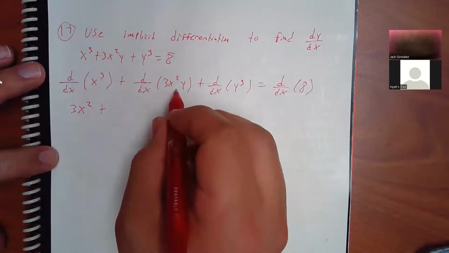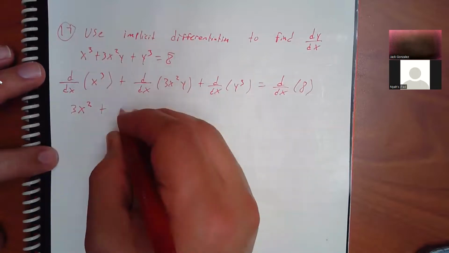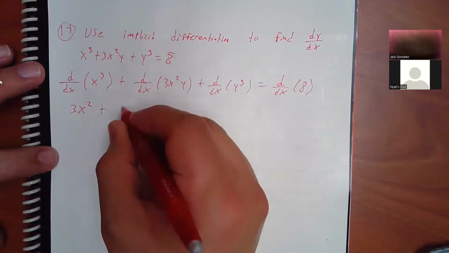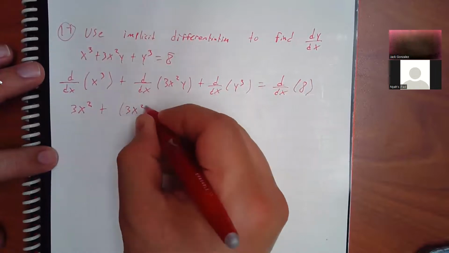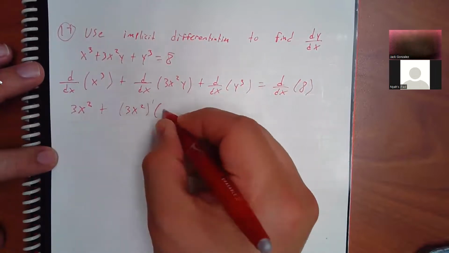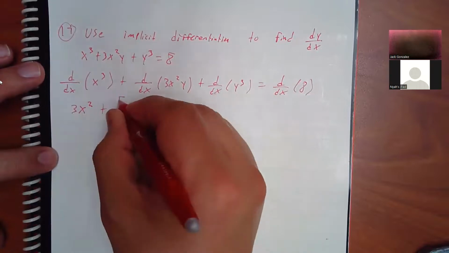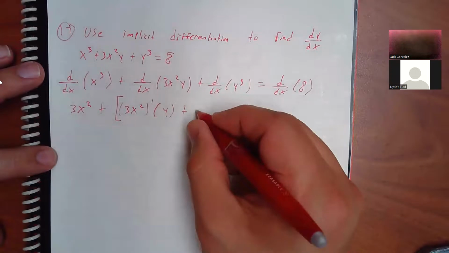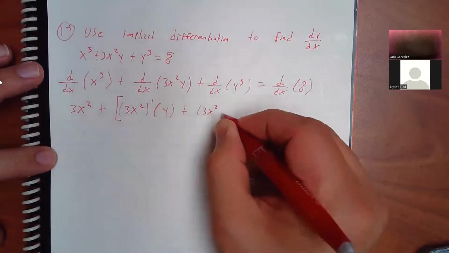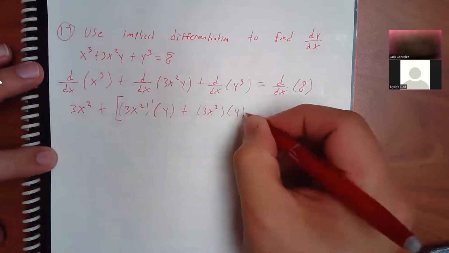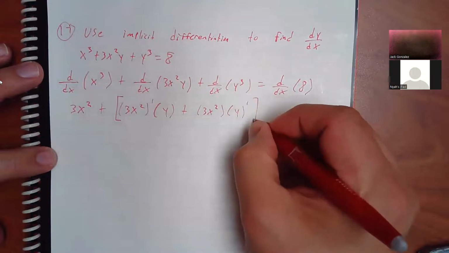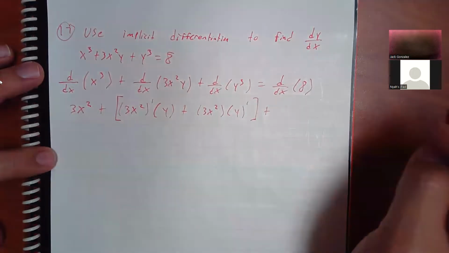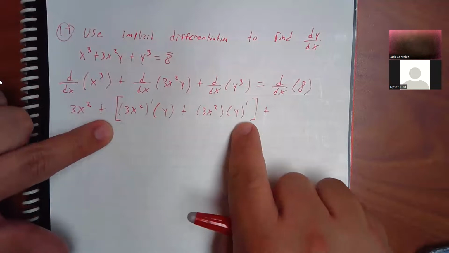So derivative first. Go ahead and show it in terms of primes, so it's a little more clear. We just need to remember that this is all with respect to x, right? So this is the product rule coming out of this.